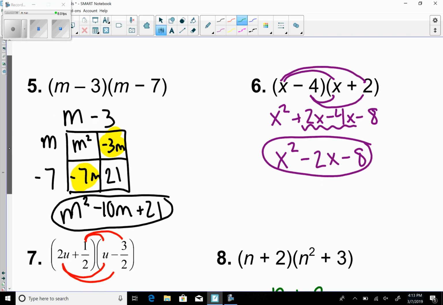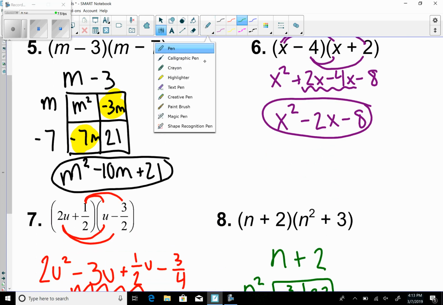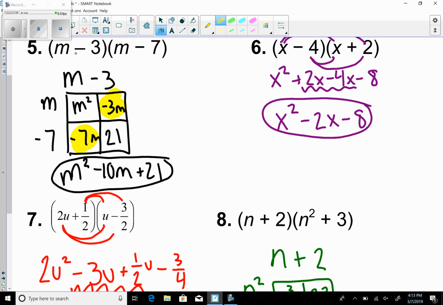Again, just notice that you've got 2 negatives on number 5. So there's a negative, and look at the pattern. Your middle term ends up being negative, but your last term ends up being positive because you're adding for the middle term, and you're multiplying. When you take the products of the 2 lasts, that turns out positive.